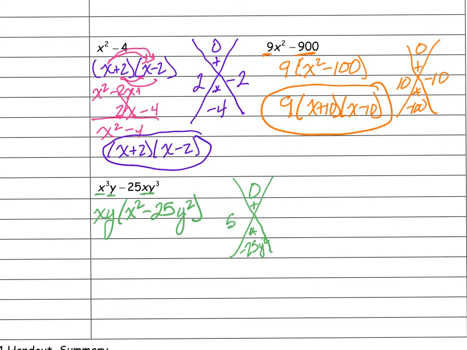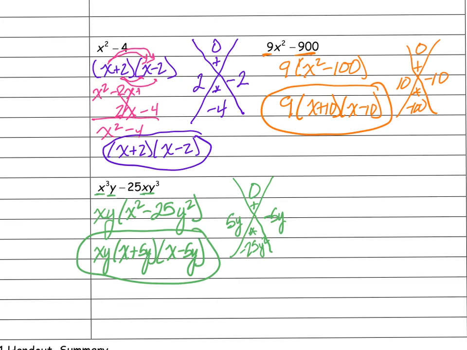Well, 5y and -5y. Is that right? 5y minus 5y is 0, yep. And 5y times -5y is -25y squared. Awesome. So then that means my answer, I can't get rid of the xy in the front, is going to be xy times x plus 5y times x minus 5y. And there we go. Okay, beautiful, guys.